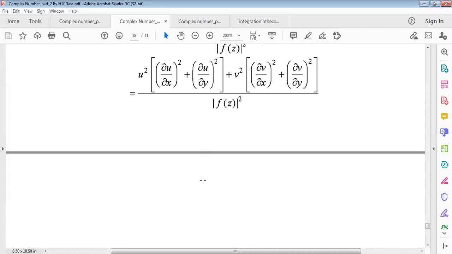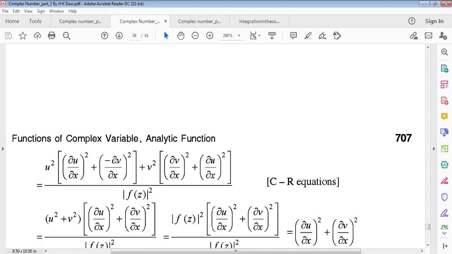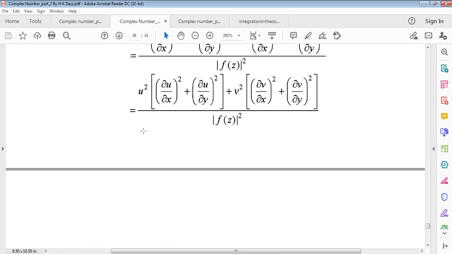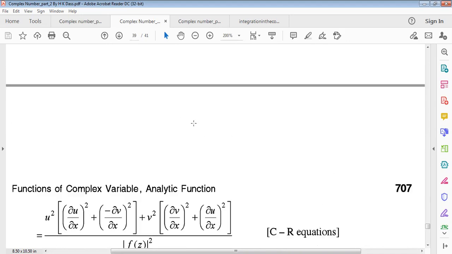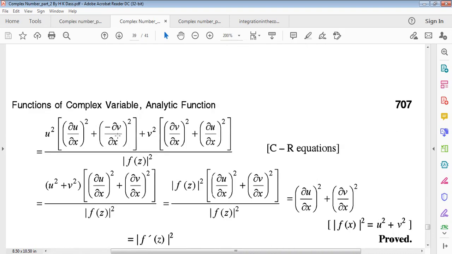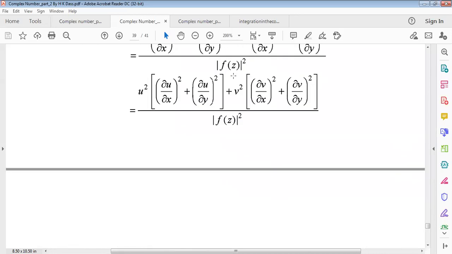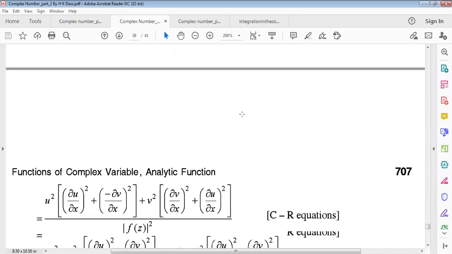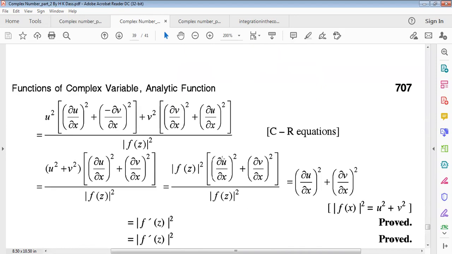We can write u square into del u del x whole square plus del u del y, which by the Cauchy-Riemann equation equals minus del b del x, and del b del y is del u del x.